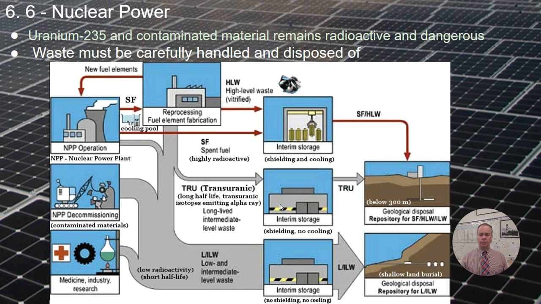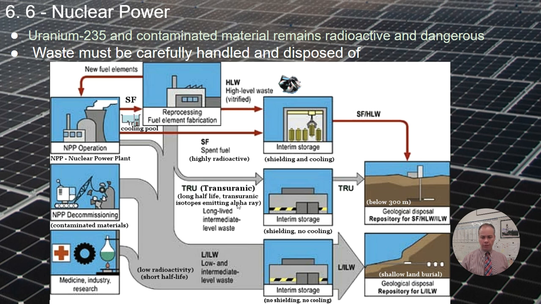There's also other materials. These are materials that are waste products, materials that have been exposed to this radiation. Some of those wastes are intermediate level waste. Others are low level waste. But all of these waste products are contaminated and are radioactive.